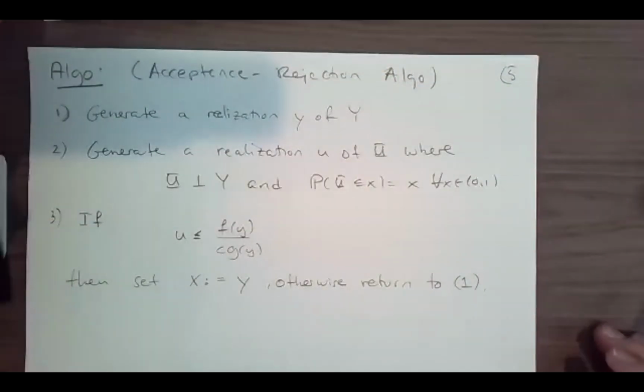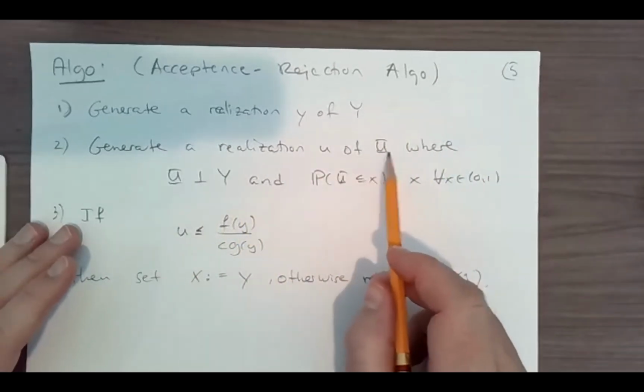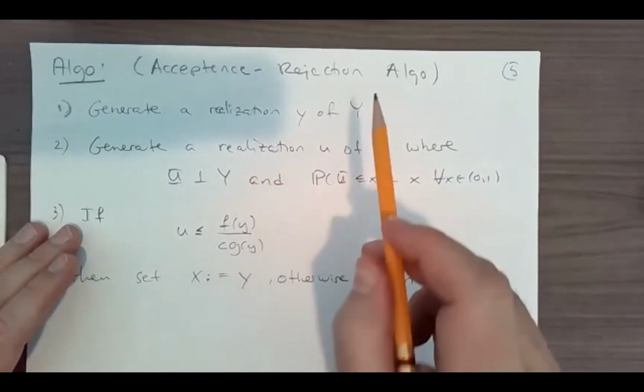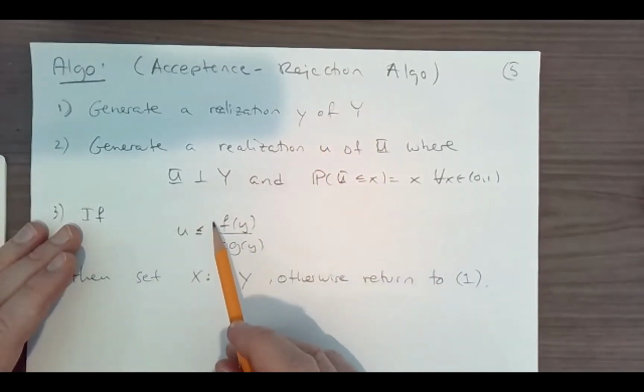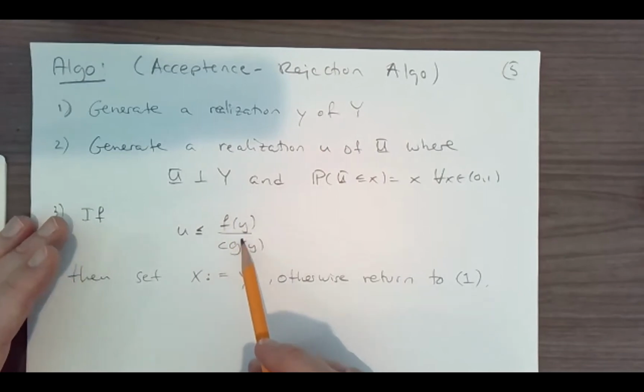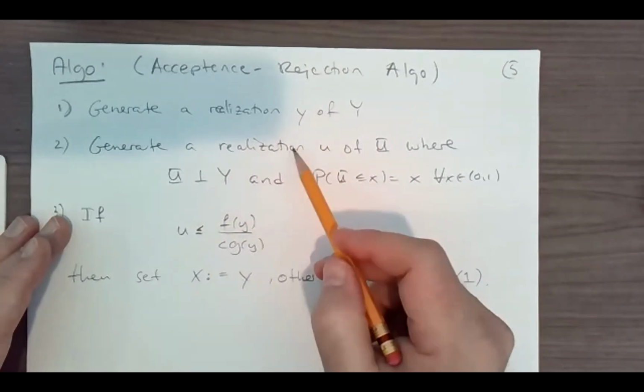Well, this is what the algorithm says. The starting point is we can do these uniforms that are independent. So you take the y you can do, you take the u that you can do, and then you test here with this criteria. And if the criteria is satisfied, then you get your sample little x. Otherwise, you don't get anything, and you have to go back to 1 and do it again.